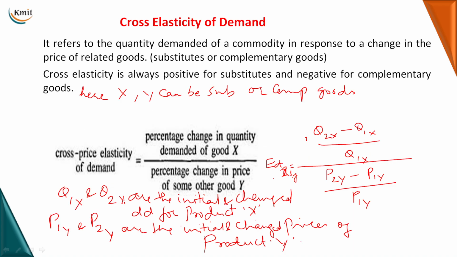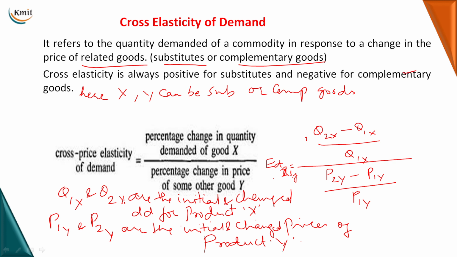Cross elasticity of demand. Now this cross elasticity of demand is the change in the quantity demanded of a commodity in response to the change in the price of its related goods. So related goods can either be substitutes or complementary. So cross elasticity is always positive for substitutes, negative for complementary.